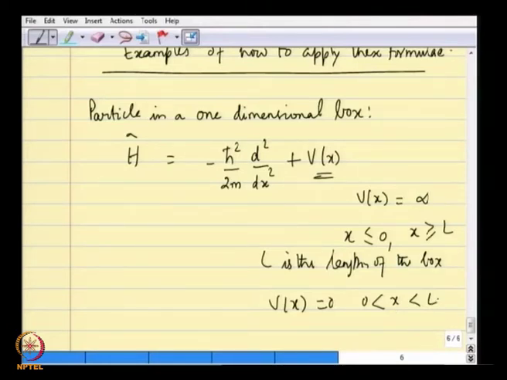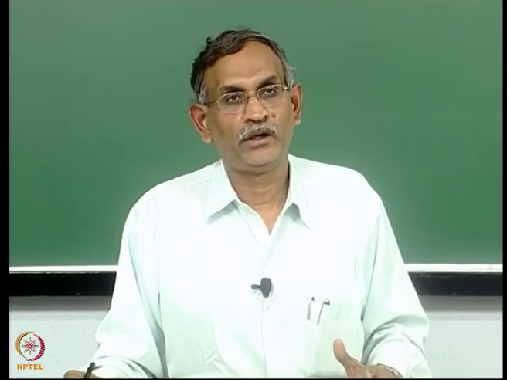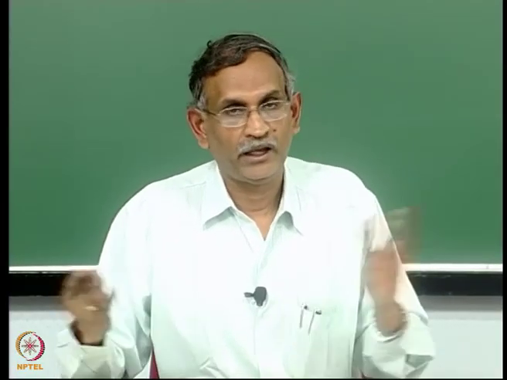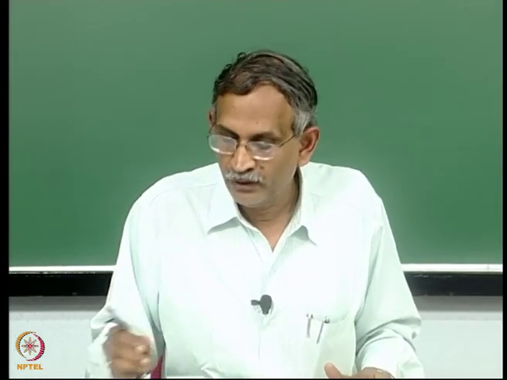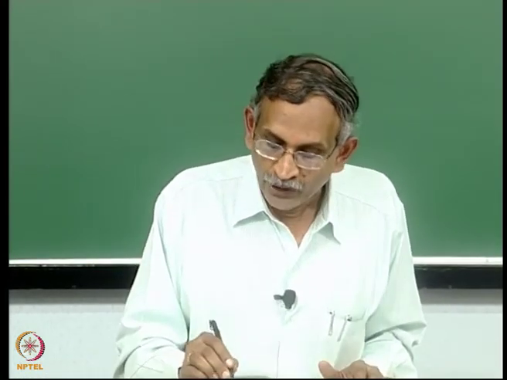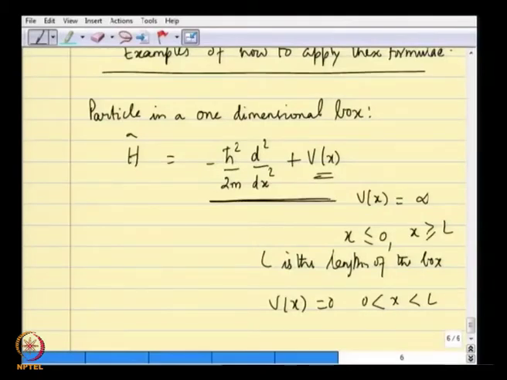Okay. So the boundaries are at 0 and L, and at the boundaries and any point beyond the boundary on either side the potential is infinite, and inside the box the potential is 0. That is a correct form. Very often you use just minus h bar square by 2m d square by dx square.